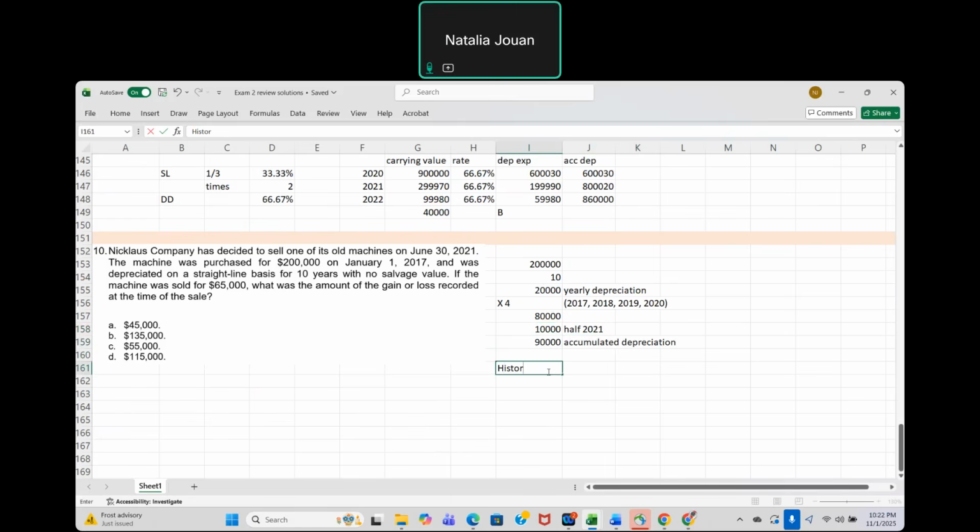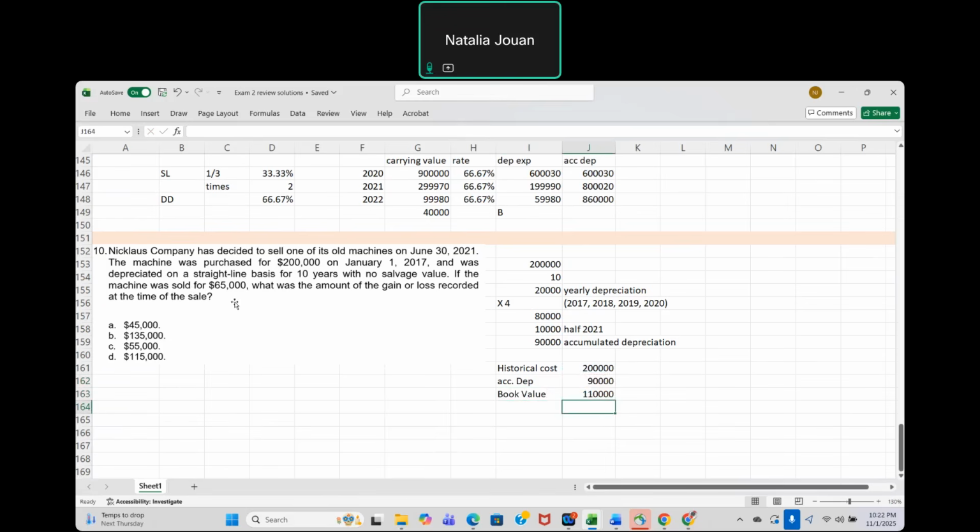Historical cost of the machine, 200,000, minus accumulated depreciation, 90,000. We just agreed that's 90,000. So book value or carrying value, same thing, is 110.